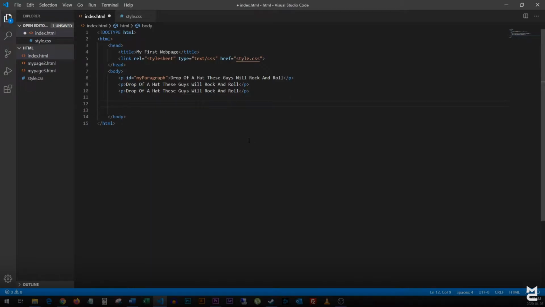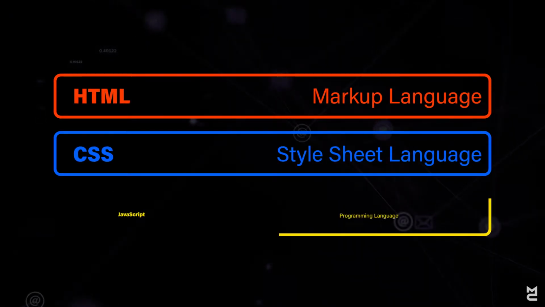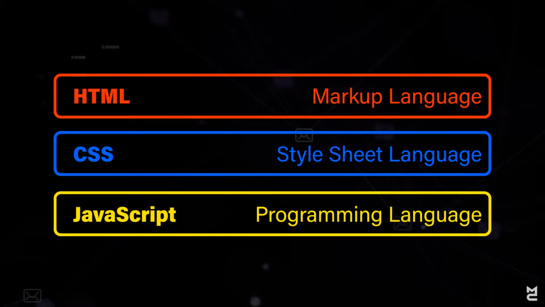So we can tell our HTML page that we want to use JavaScript by using the script element. Let's add this to our page. Now, anything we write in this element will be read by the browser as JavaScript. Unlike HTML, which if you remember is a markup language, or CSS, which is a language of style rules, JavaScript is an actual programming language.